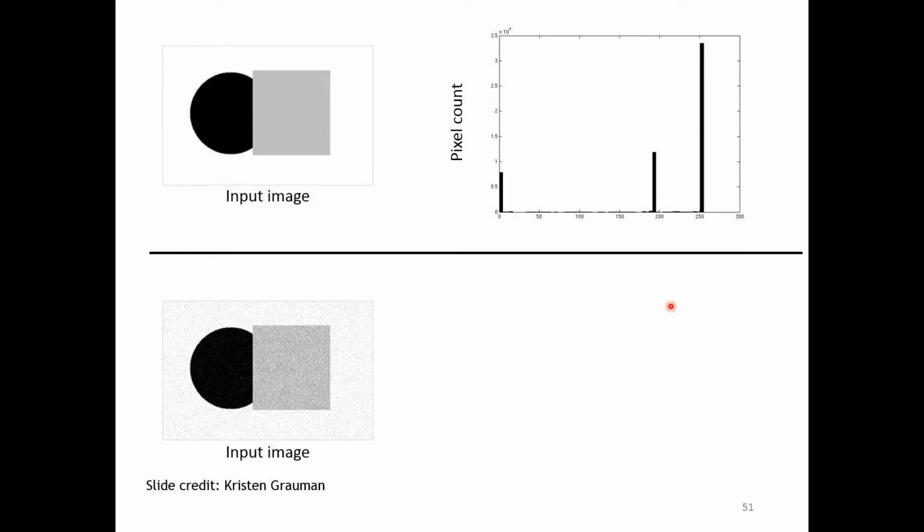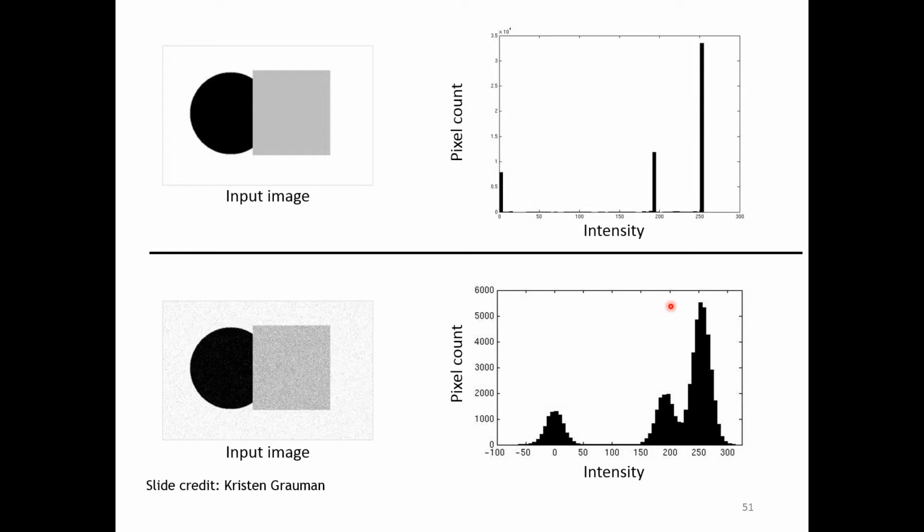But if we have noise, then it will be a little bit complicated, right? For example, we have noise here, so we cannot simply cluster, or actually we can still do that, kind of, but we need to determine where the mean is here, for example.